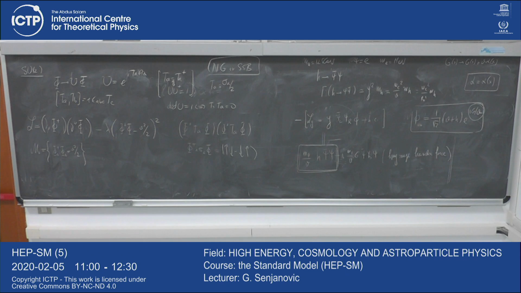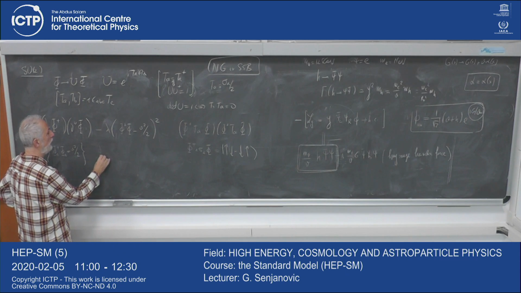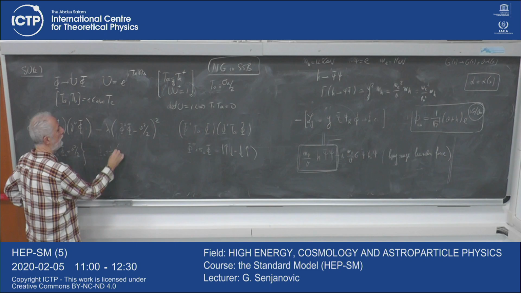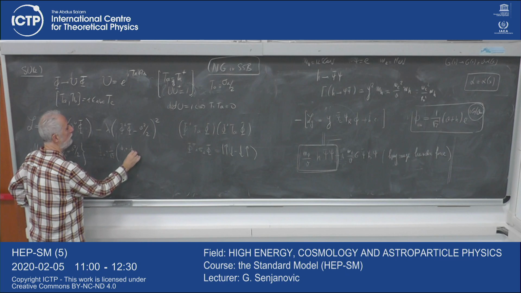Not 4. Almost. Sergei almost got it right. Why? So I could write phi, remember, I'm going to put this 1 over square root of 2, so I could write like this, phi 1 plus i phi 2, these are complex fields, phi 3 plus i phi 4.